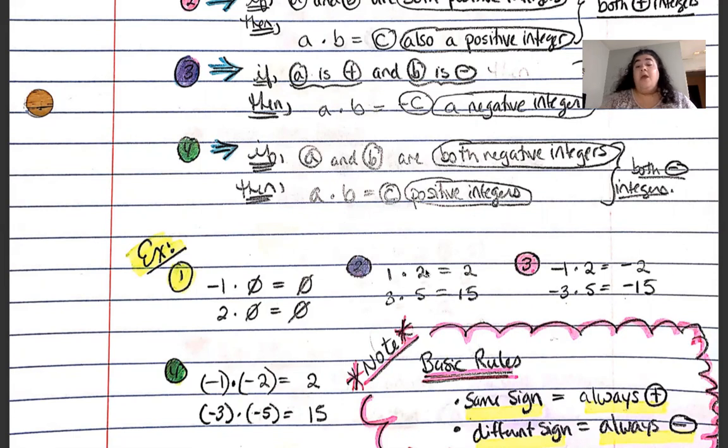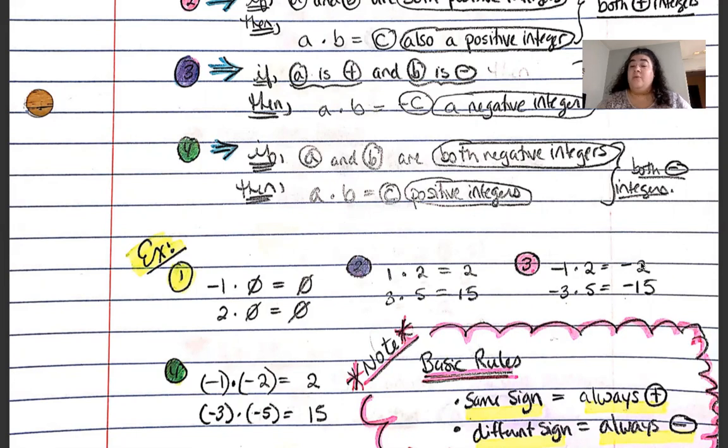Scenario number 3 is what happens when one integer is positive and one integer is negative. In this scenario, we have a -1 being multiplied by a +2. A -1 being multiplied by a +2 gives us the product of -2.